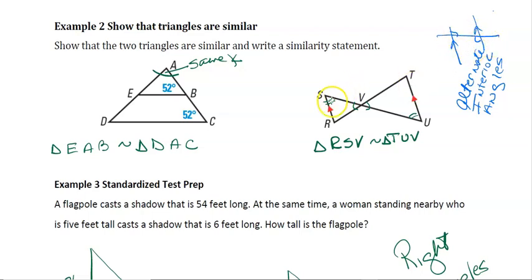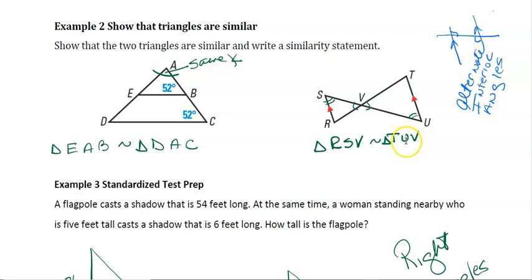Well, these guys, S and U, are alternate interior angles, so they are equal. That gives us angle similarity between the two triangles, and I can write RSV is similar to TUV.